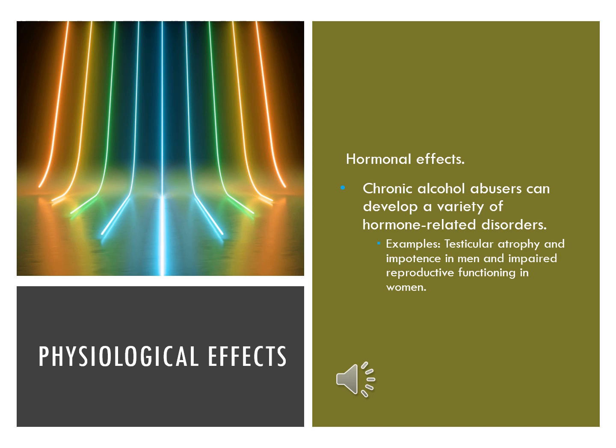It is this effect, rather than the actual fluid consumption, that increases the urine flow in response to alcohol. This diuretic effect can lower blood pressure in some individuals. Chronic abusers of alcohol can develop a variety of hormone related disorders, including testicular atrophy and impotence in men, and impaired reproductive functioning in women.